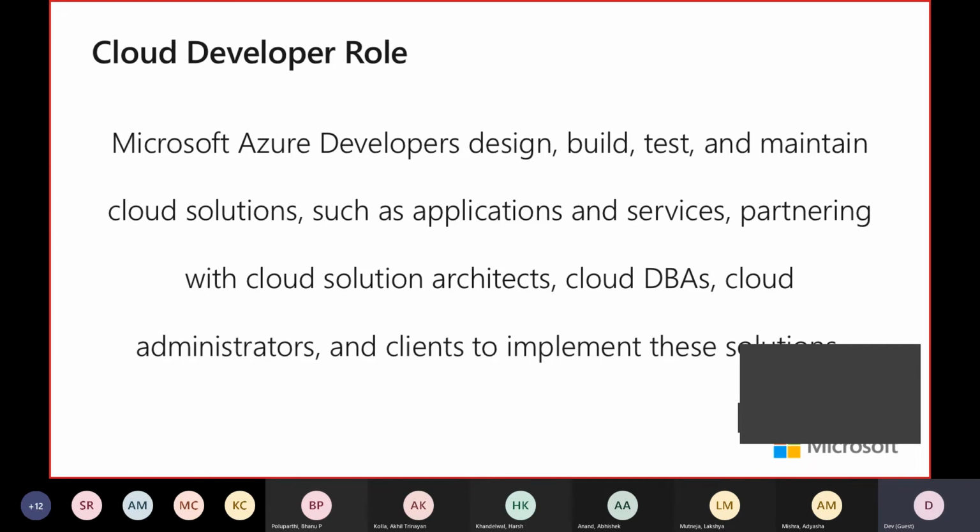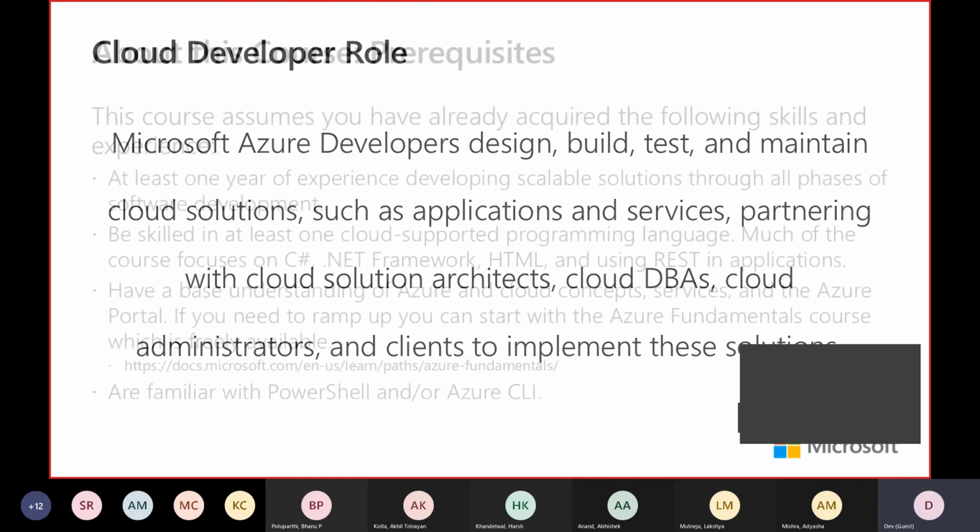So you will hear a lot of cloud. And clients to implement the solutions. So basically, what we are trying to understand is how we can design a solution. For designing a solution, we need to understand what mechanisms we can use. That is what we can target.